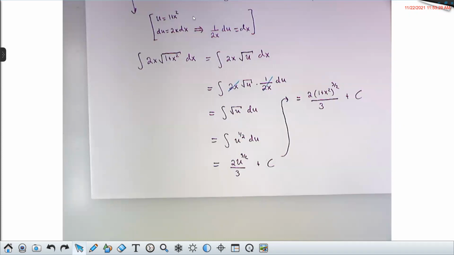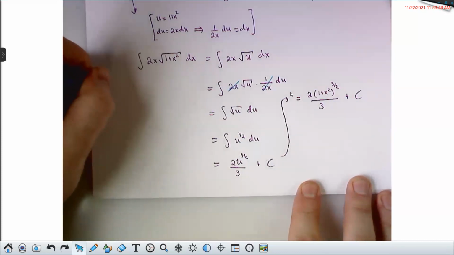Very important that we always write our differentials. Another thing that's very important, you cannot hope to get to your antiderivative step until everything is rewritten in terms of the new variable.